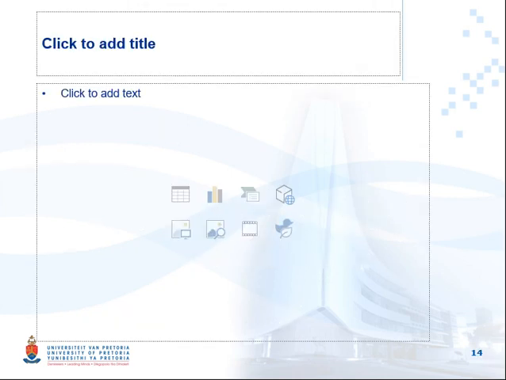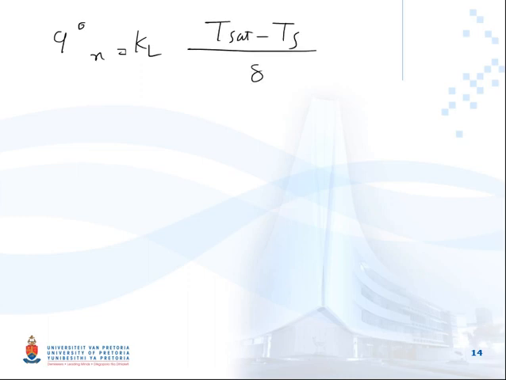We also said about the conduction. So q dot x, if you remember, we said that it's equal to conduction. Finally, we have h x is equal to k_L over delta x.